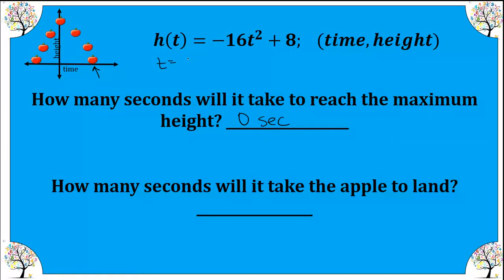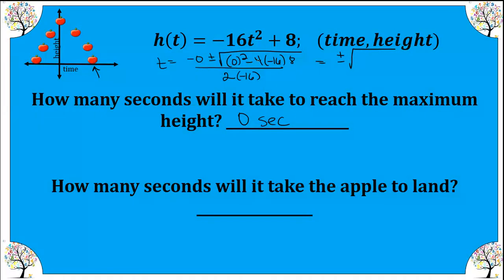Negative b plus or minus the square root of b squared minus 4 times a times 8, over 2 times a. So we're still going to have our plus or minus. We're going to have 0 squared, which is 0.